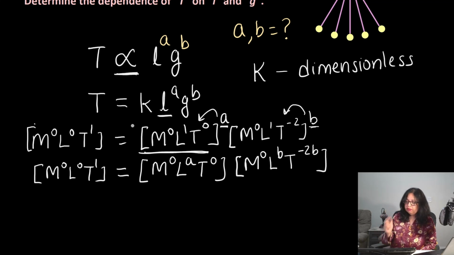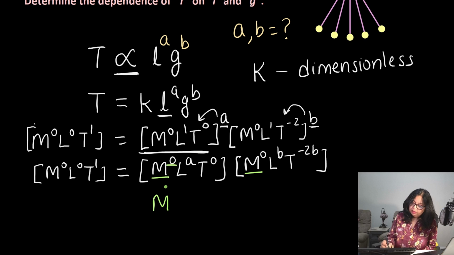On the right hand side, we're going to apply the basic rules of algebra. So M to the power 0 times M to the power 0 gives us M to the power 0 plus 0. Then I have L to the power A times L to the power B, which gives me L to the power A plus B. Last, I have T to the power 0 times T to the power minus 2B.